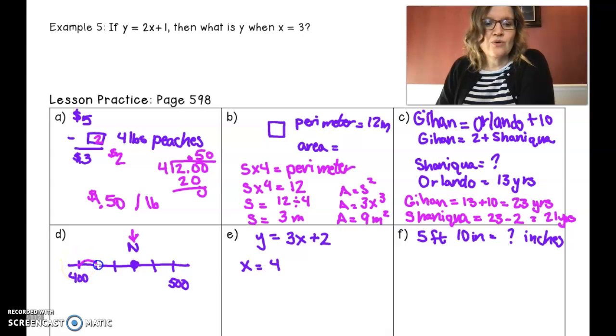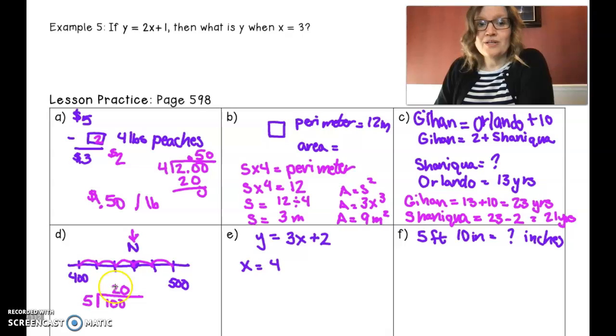So I'm counting this: 1, 2, 3, 4, 5. 5 segments. So this range is 100. There are 100 in between here and here, and we've broken it up into 5 chunks. So I'm going to divide 100 by 5 to give me an idea of what each segment's value is. And I know that 100 divided by 5 is 20. So each one of these is going to be 20.